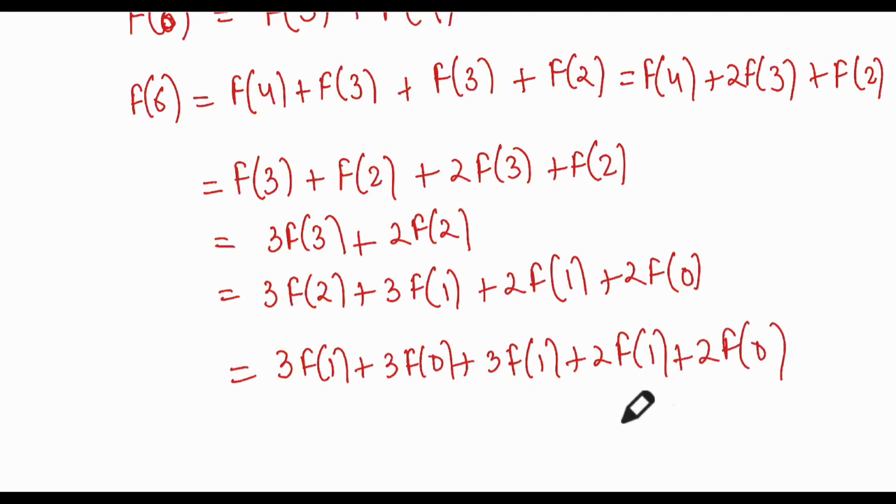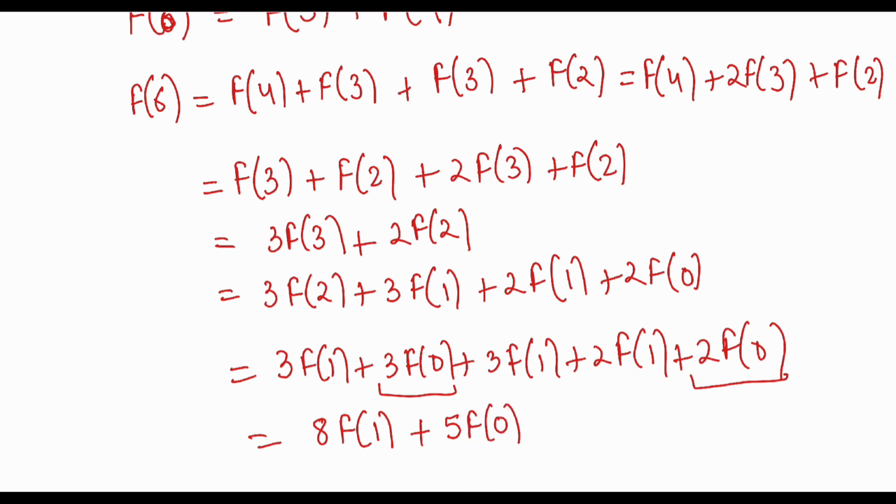Now let's club everything together. So 3f1, 6f1 and plus 2, so it becomes 8 times Fibonacci of 1. Now we remain with this and this, so 3 plus 2, it is 5 times Fibonacci of 0.